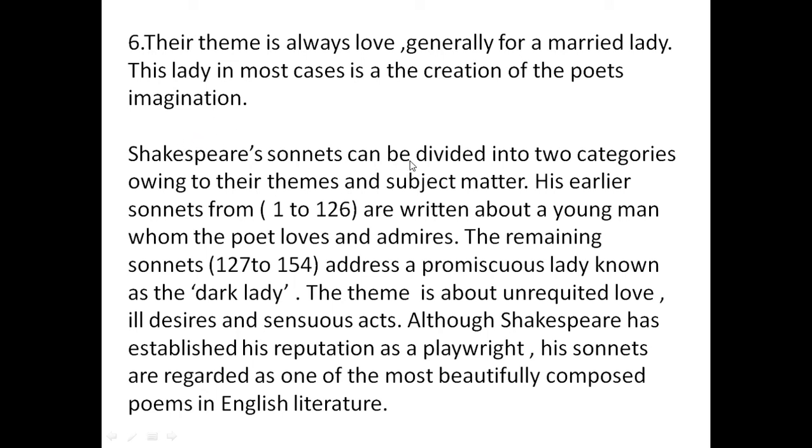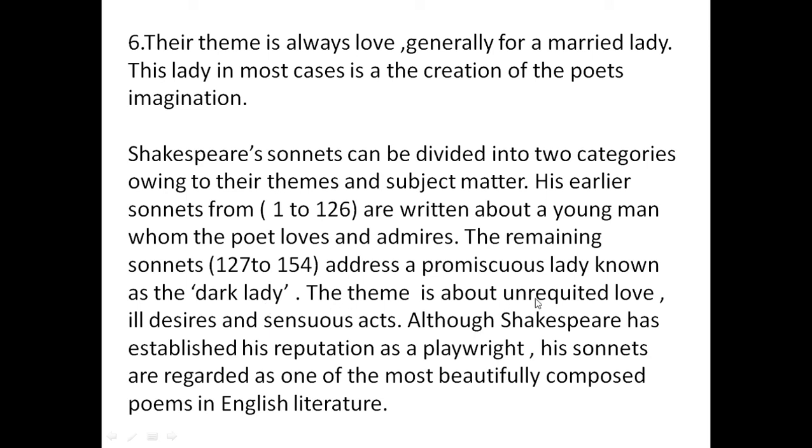Shakespeare's sonnets can be divided into two categories owing to their themes and subject matter. His earlier sonnets from 1 to 126 are written about a young man whom the poet loves and admires. The remaining sonnets, 127 to 154, address a promiscuous lady known as the Dark Lady.